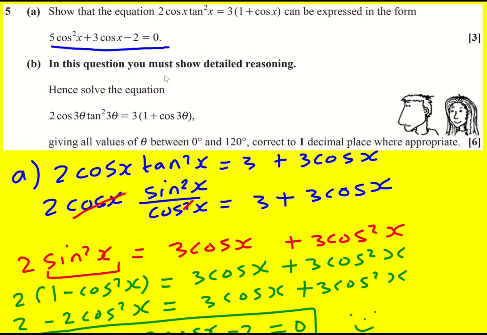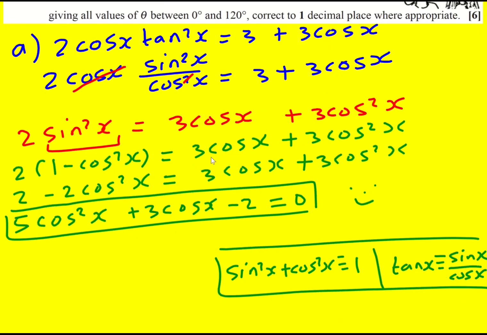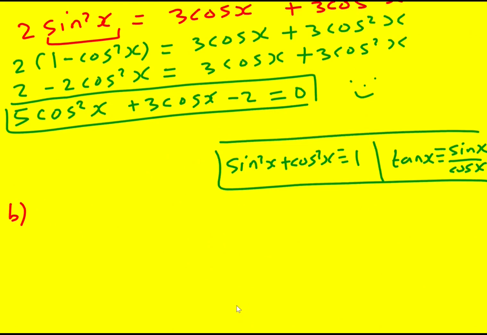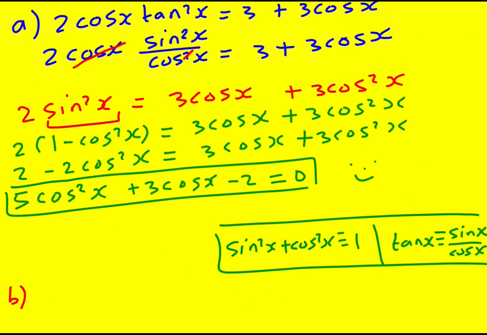In part B, first of all, we have to show detailed reasoning. I would advise detailed reasoning all the time, really, but we've got to make sure we don't skip any steps, and hence solve this equation here. Now it's very similar to the first equation, except that x has been replaced by 3 theta. So I'm going to start by just writing the equation down.